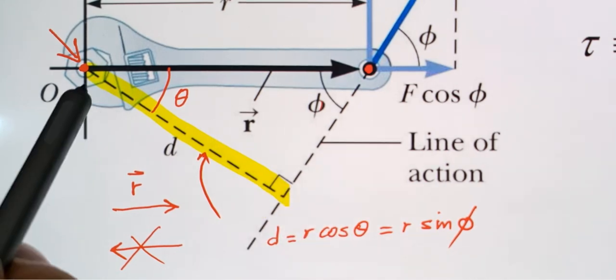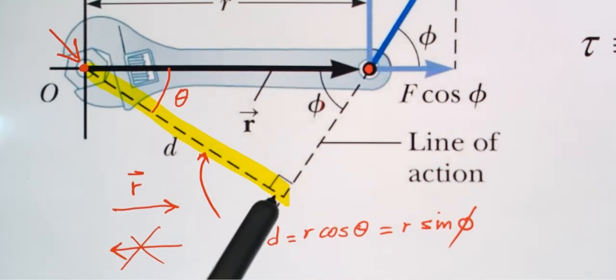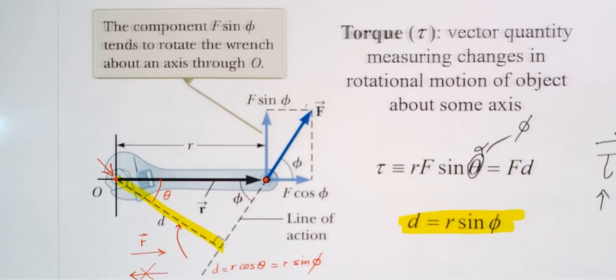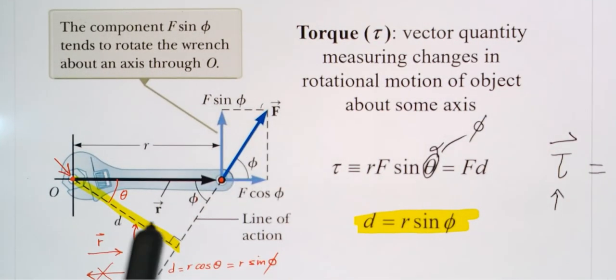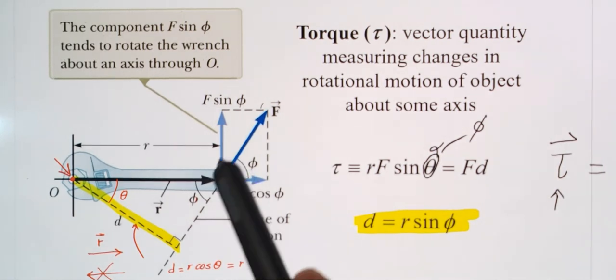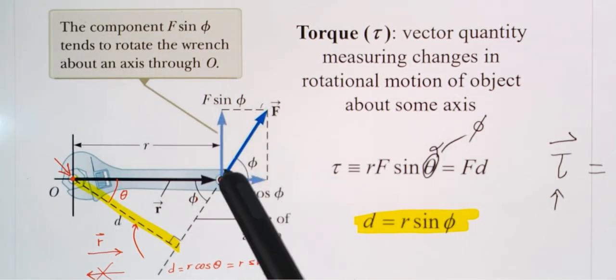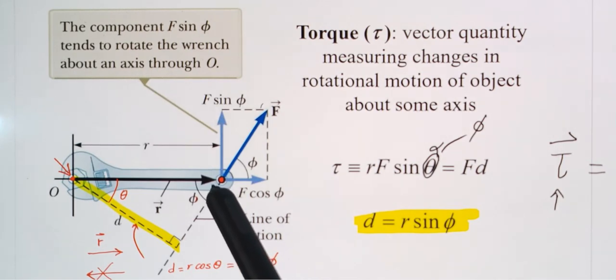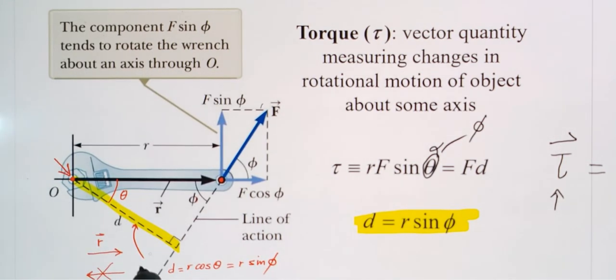And why do we use D? Well, to make the angle between the force and D 90 degrees. Again, we return back to only the perpendicular part of the force will result in torque. So instead of finding the perpendicular part of the force, he found the perpendicular part of D. But it is the same.